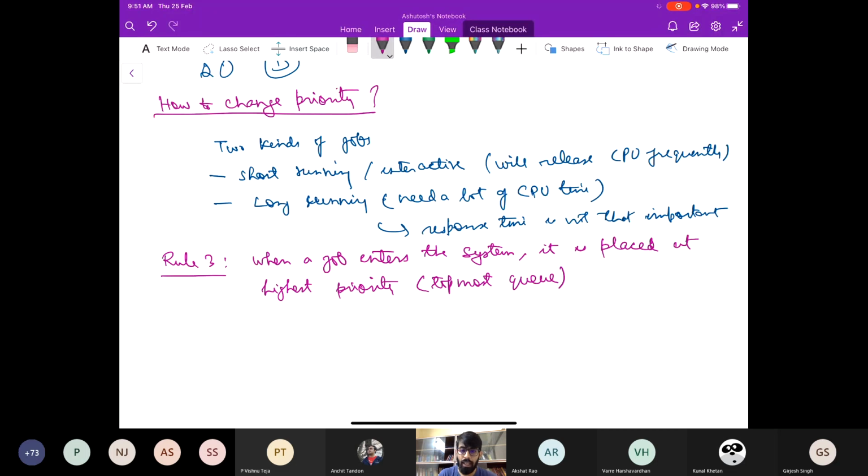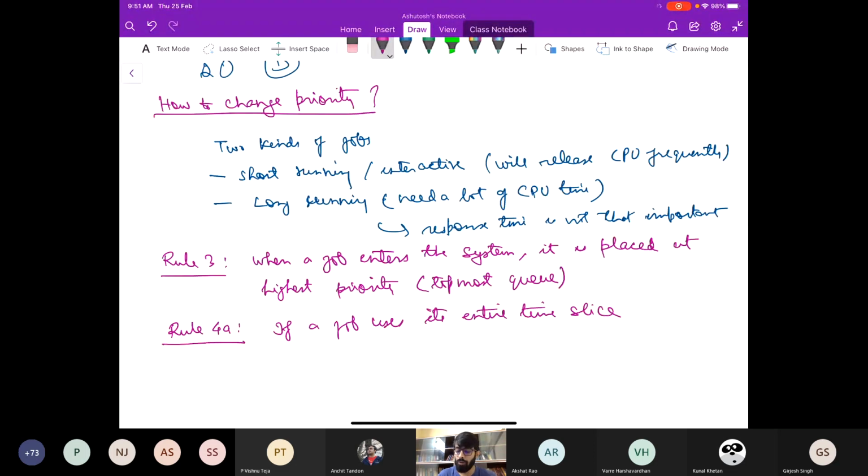As I was saying, now for the short running and long running jobs we'll have some rules, so call them 4A and 4B, just like the book. If a job uses its entire time slice, so we run them in round robin, right?